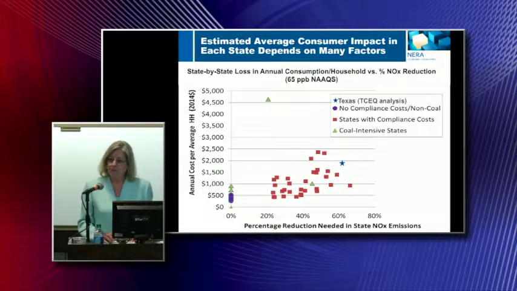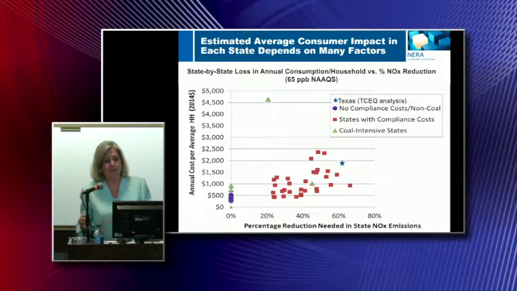So you see that a couple of them that are coal-intensive states but have no compliance costs actually rise up into the range that's not inconsistent with the level of many of the states that are bearing fairly substantial reduction costs. Why? Because those other states, the red dots over to the right, are using less coal as part of their compliance.